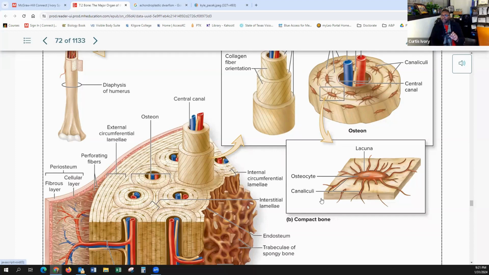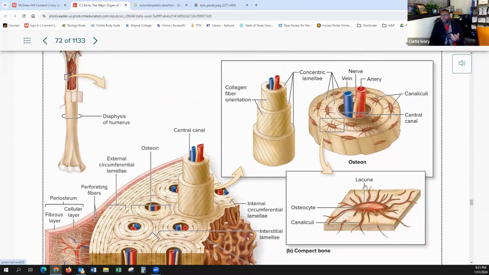It looks like canal because it is little canals for the little legs of the osteocytes. And then the lacuna is where the cell is actually sitting. When the osteocytes are building the osteoid, or the bone, the pocket that they get trapped in is called the lacunae, or the lacuna, however you want to pronounce it.